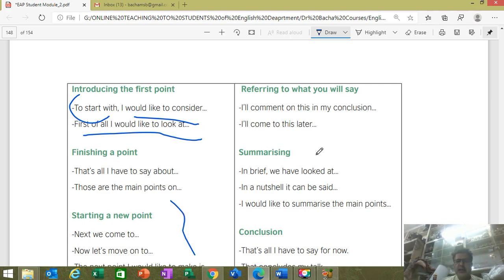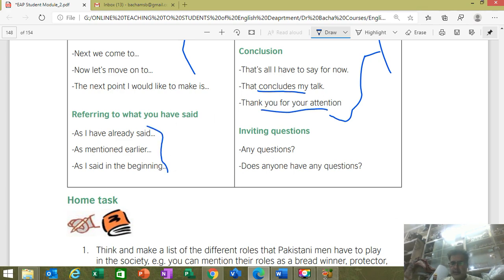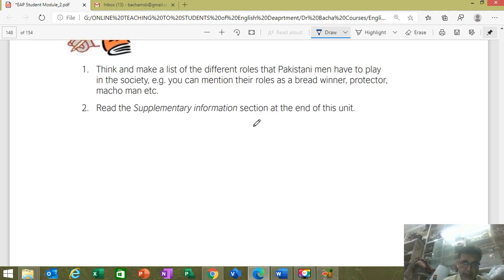For starting anew, these are all sentences that would help you in your presentations, and you should look at them. For a conclusion, you can say: that's all I have to say for now; that concludes my talk; thank you for your attention; as I have already said. Things like this. I hope that you understand them.